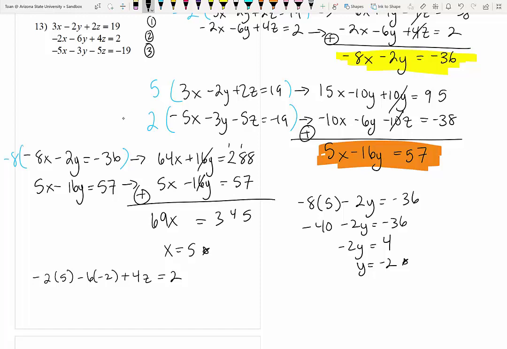So that's negative 10 plus 12 is a 2. Subtract the 2, and then you get z equals 0 when you divide out the 4. Okay. So there's our answer, x comma y comma z. So we have 5 comma negative 2 comma 0.